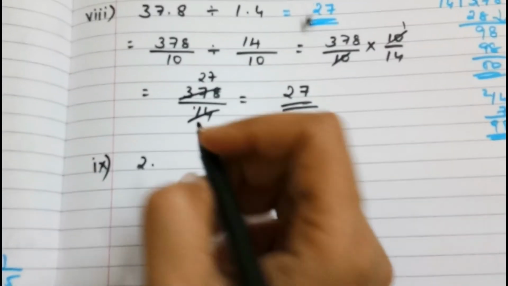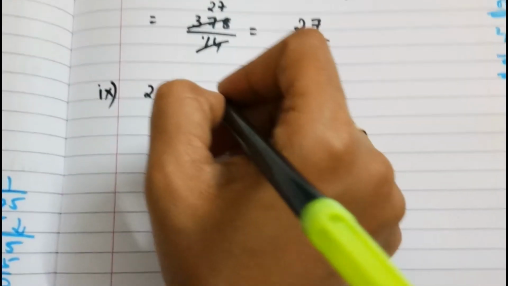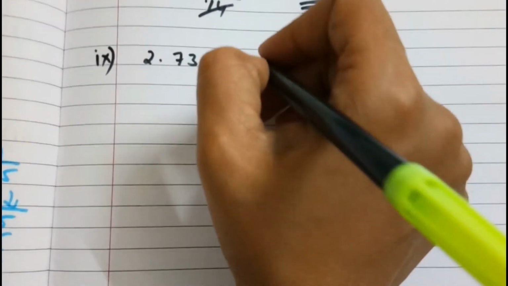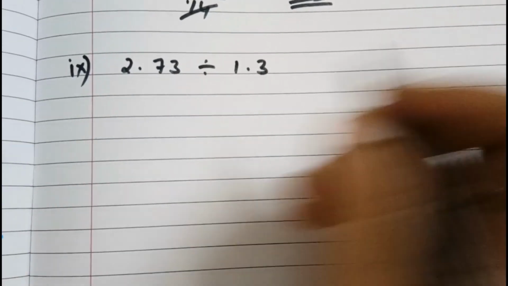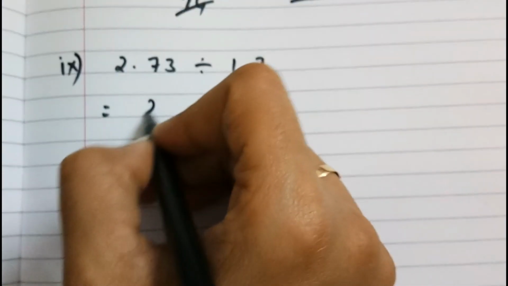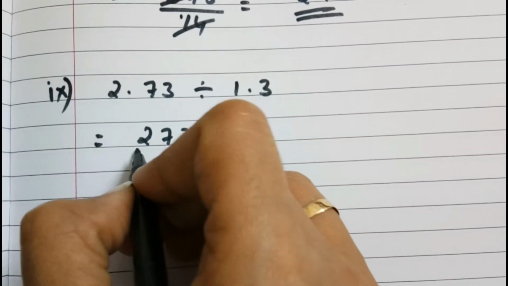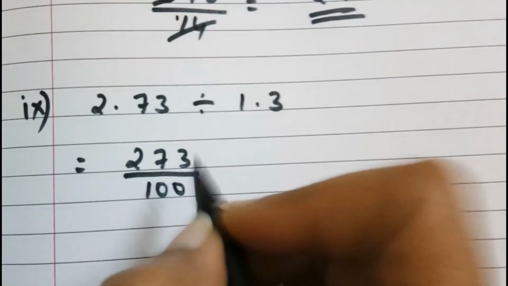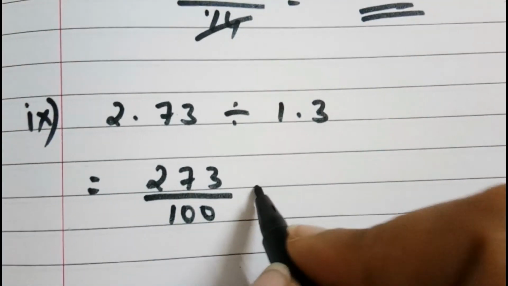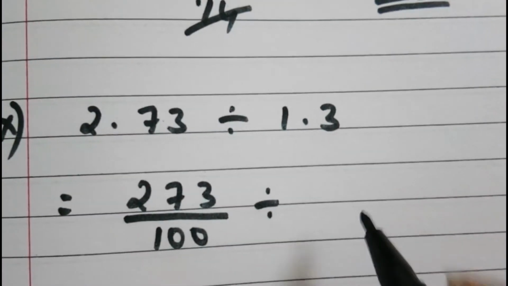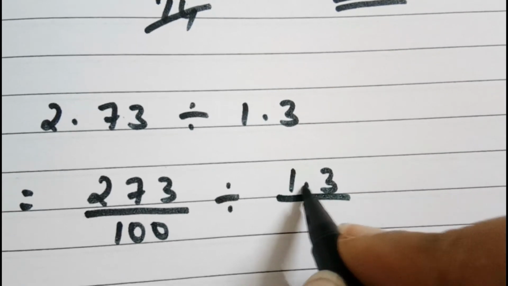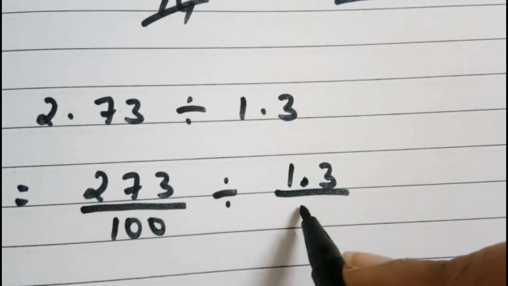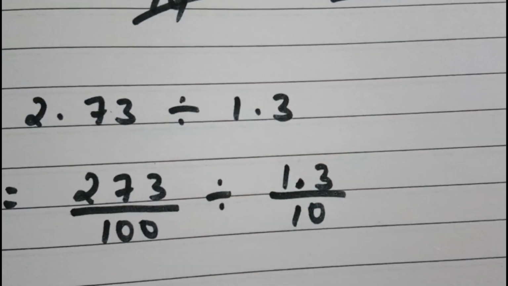Here the question is 2.73 divided by 1.3. This can be written as 273 by 100 divided by 13 by 10. Clear?